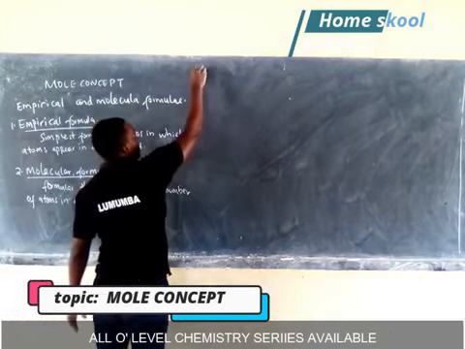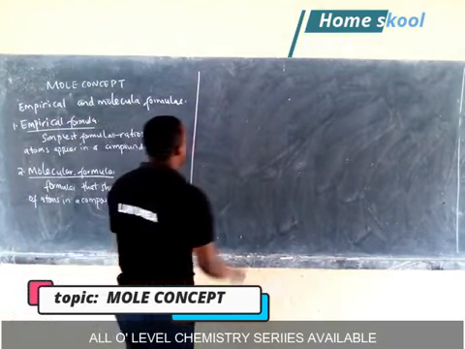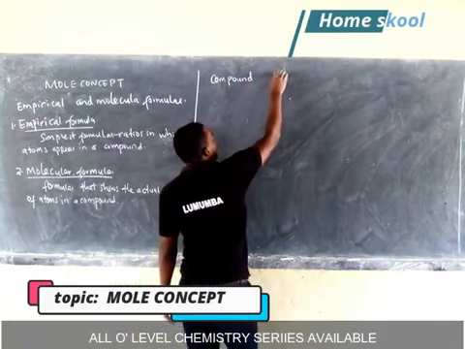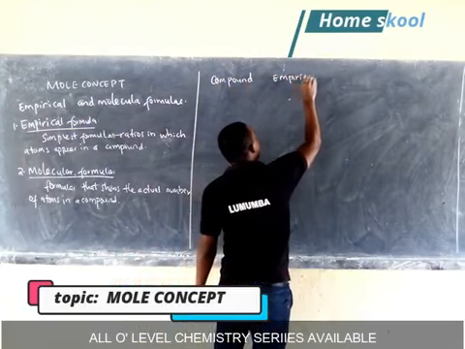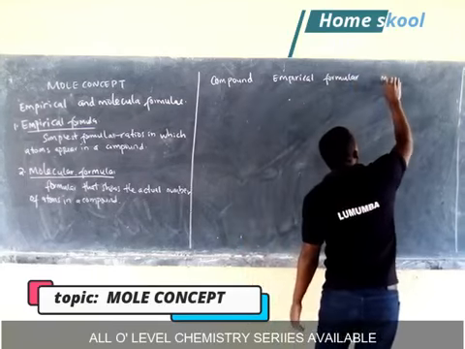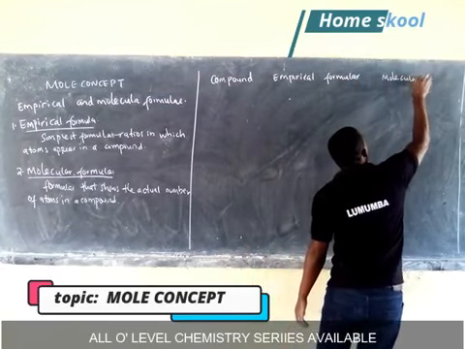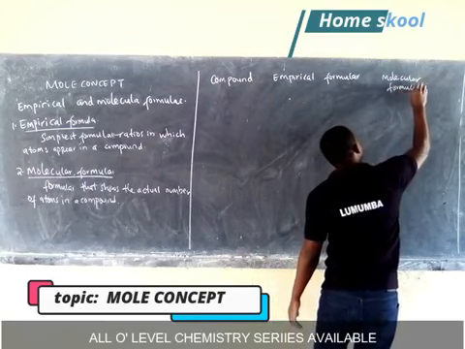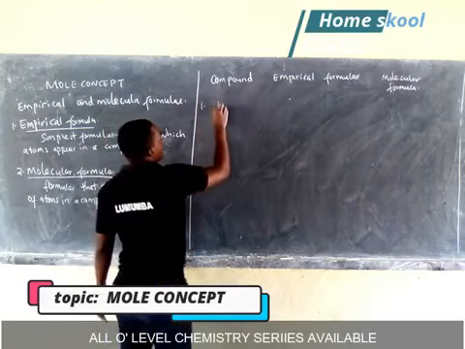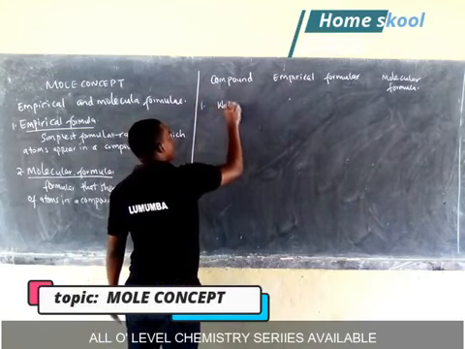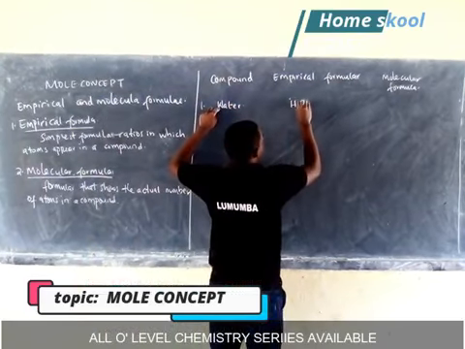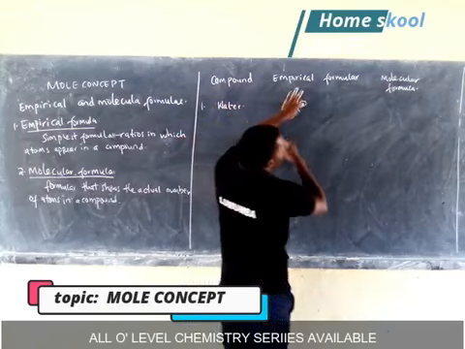So examples of the empirical formula and the molecular formula, we're going to have the compound here, then you have the empirical formula, then lastly you have the molecular formula. So, number 1, we have water. The empirical formula for water, we have 2 hydrogen atoms and 1 oxygen atom.